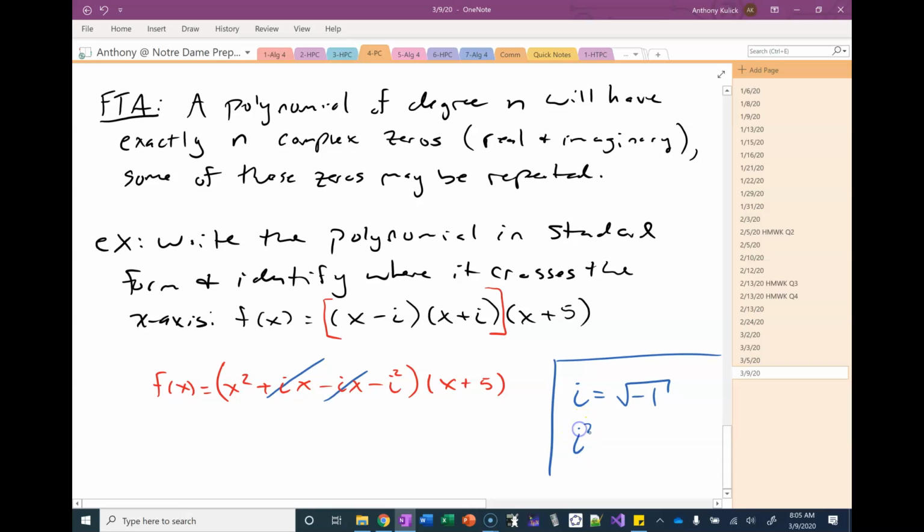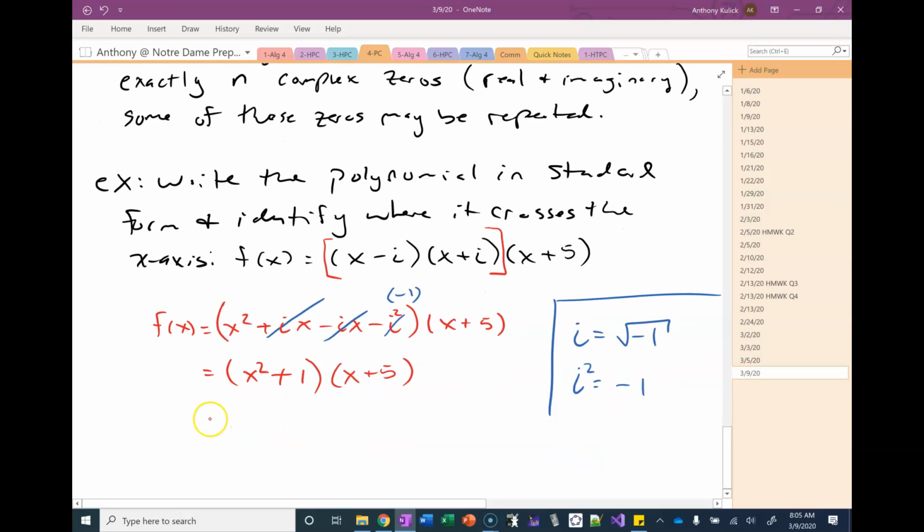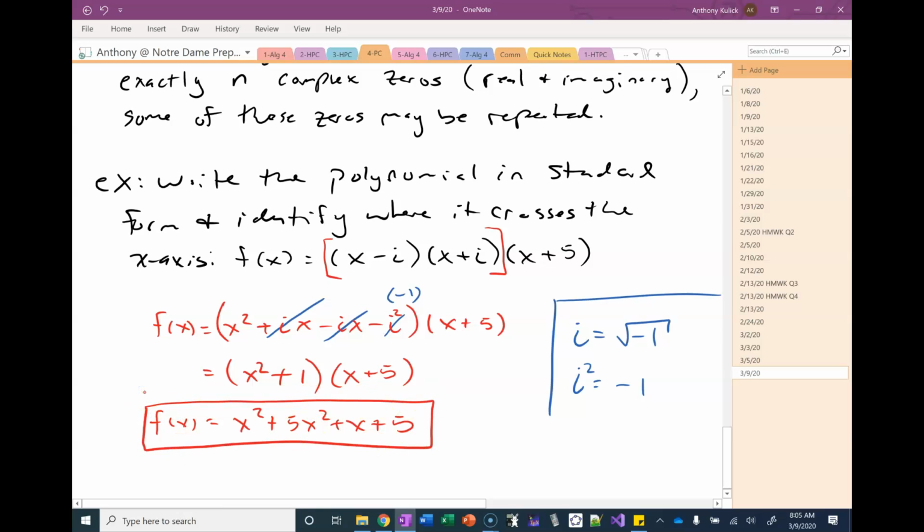So what is i squared going to be then? -1. So I'm going to replace my i squared with a -1 there. So that first set of parentheses then just becomes x squared minus a negative, so plus 1. And then I just have this guy to FOIL. So there's my standard form polynomial.